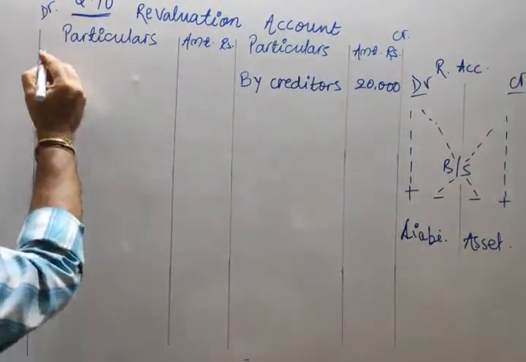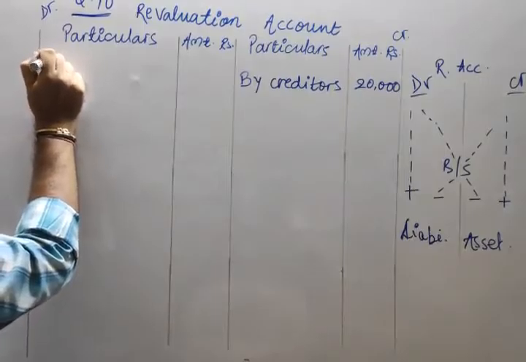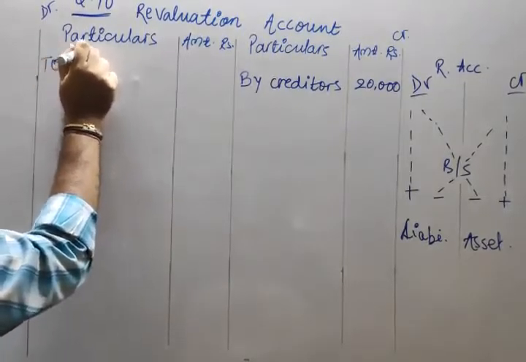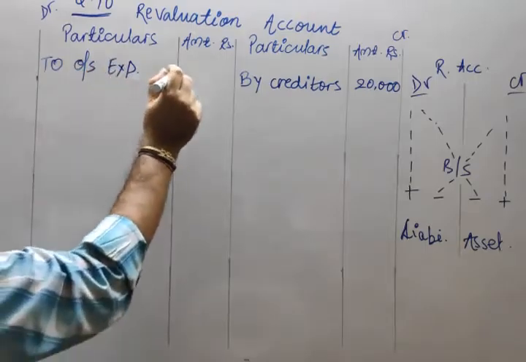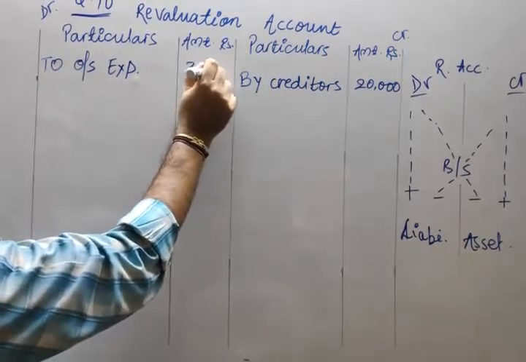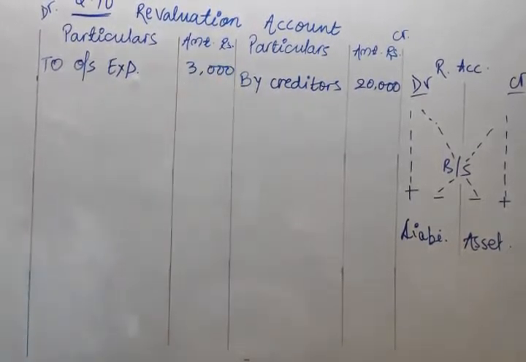So over here, outstanding expense rupees 3,000. Is that clear? Just go through this at once, because minus plus two concepts once they come, you will get your own idea.